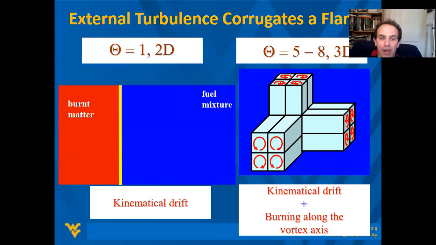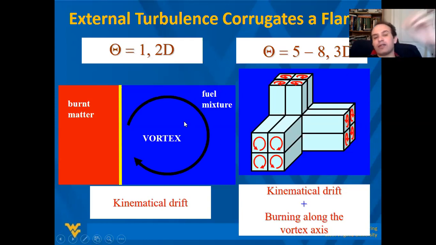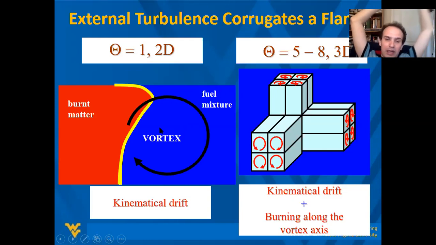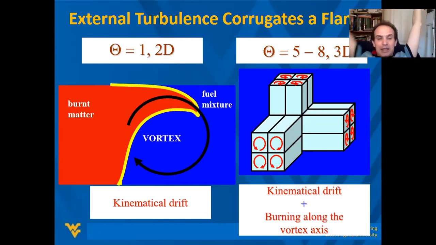It's easy, and this is the case when you can employ some kind of theory. Why? Because in that case, the flame interacts with the flow. So what happens is just a kinematical effect. There is a flame and there is a flow, a set of vortices. So your vortex takes a flame and elongates it. That's kinematic drift, and that's what people employ.